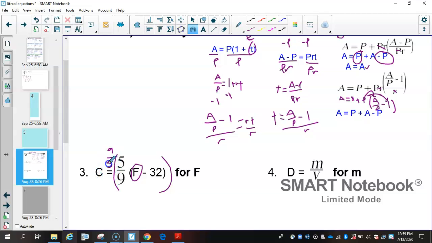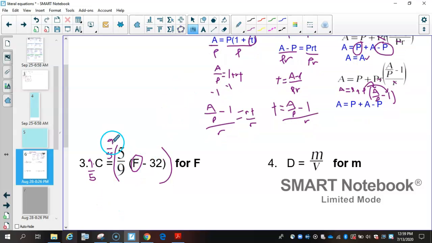That was supposed to be a 5. It looks more like a 3. And then do the same thing to the other side. Remember, what you do to one side, you have to do to the other. So when you do that, this 9/5 and this 5/9 are inverses of each other, and that multiplicative inverse becomes just 1.